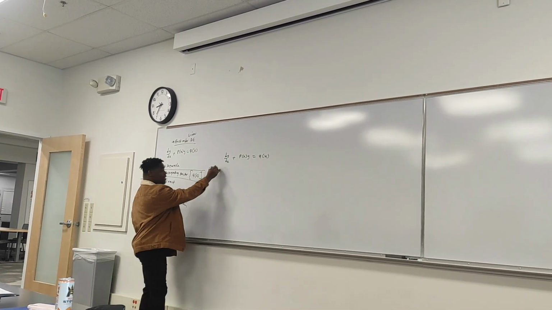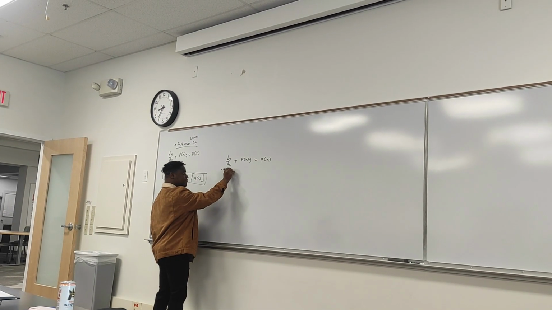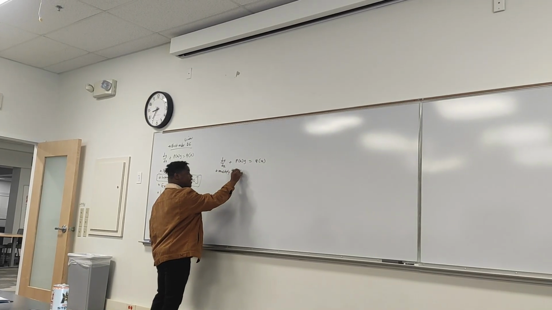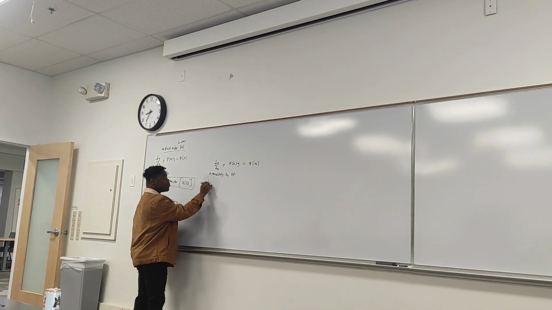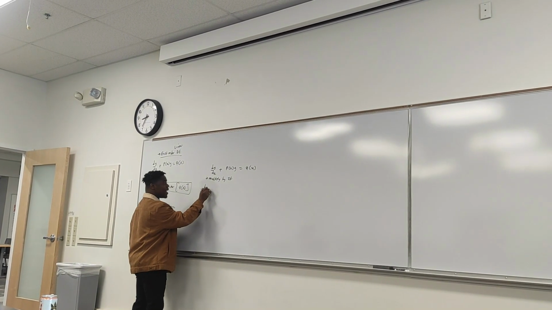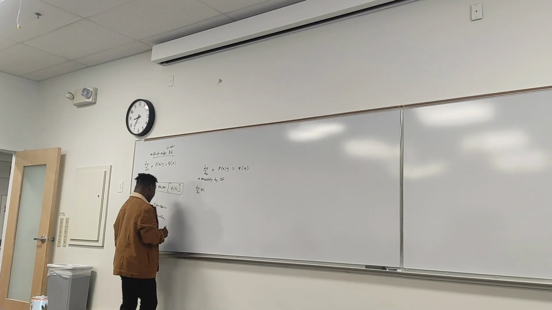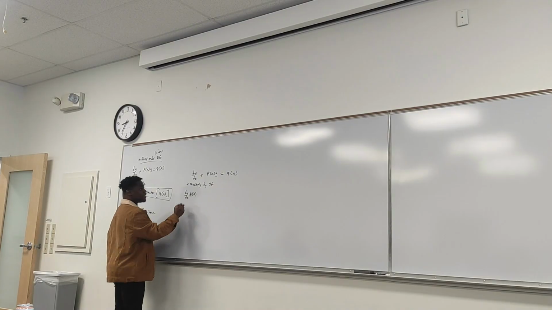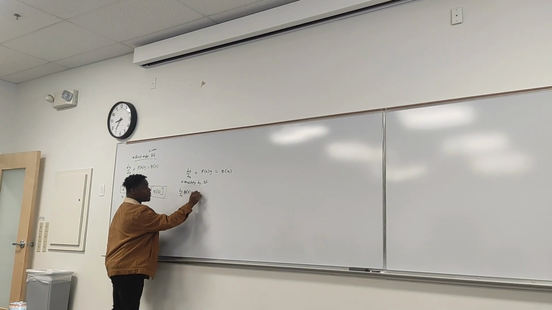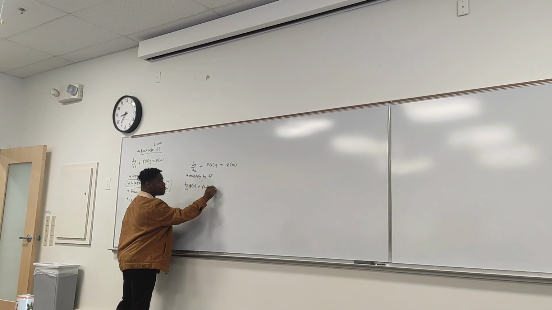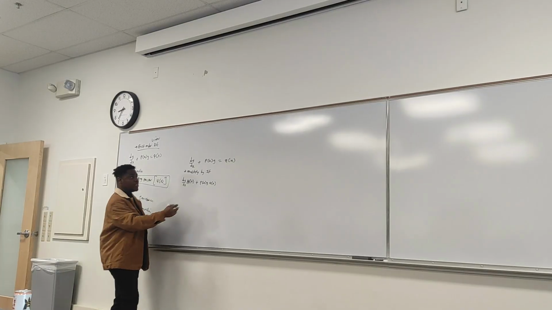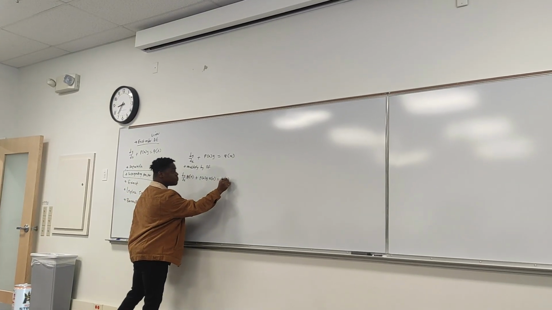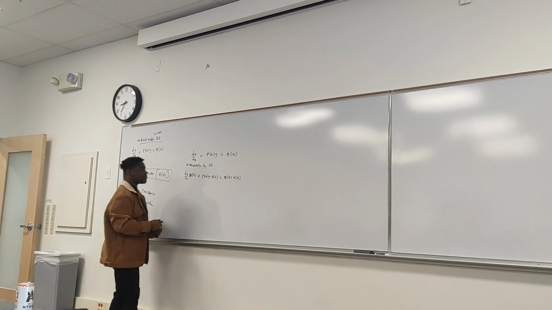If we multiply by the integrating factor, u of x, it becomes dy/dx multiplied by u of x, plus p of x times y multiplied by u of x, is q of x multiplied by u of x.